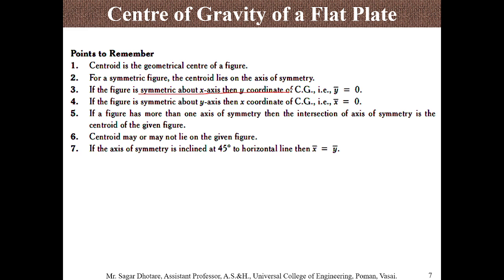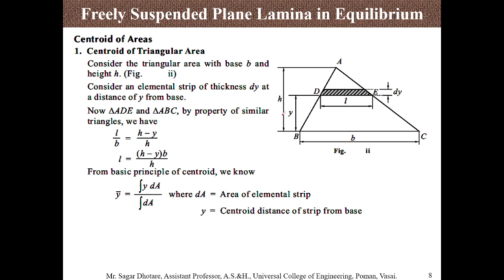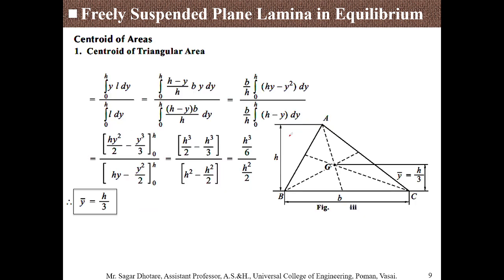If it is symmetric with the y-axis, the x coordinate will be 0. And for a 45-degree incline, x and y will be equal. Next, areas. We know the areas, we can easily calculate them. Now, to understand the centroid or central location, the x and y coordinates for various standard profiles.